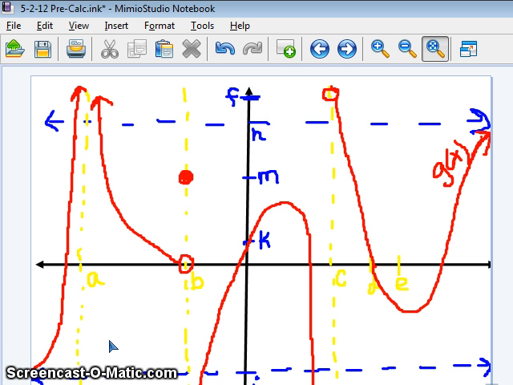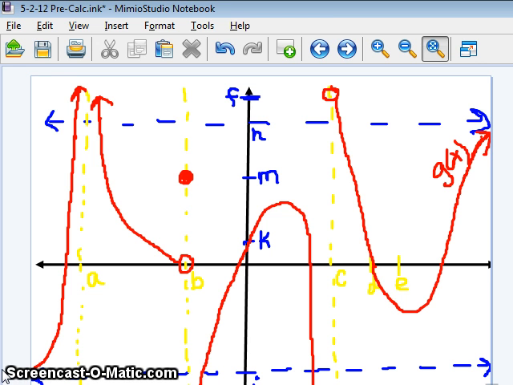It is I. So the correct answer for number 2 is I, because that function is going to get closer and closer to the asymptote at I, but it will never cross it. That's the whole point of a limit, ladies and gentlemen, is that we can get closer and closer and closer, but we don't actually have to go to that particular point. Anybody have a question about number 1 or number 2?